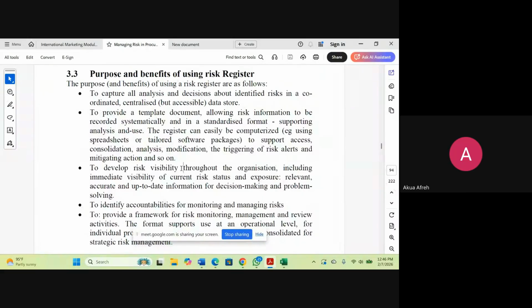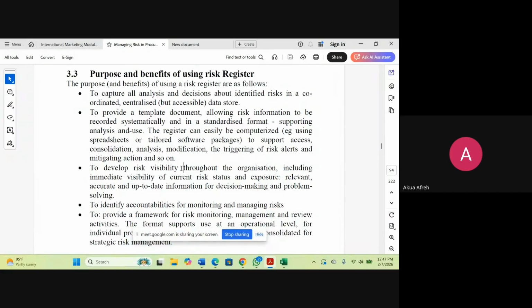So we look at some benefits of using a risk register. Here it captures all decisions and analysis that are made about a risk that we've been able to identify at a centralized place or a database.